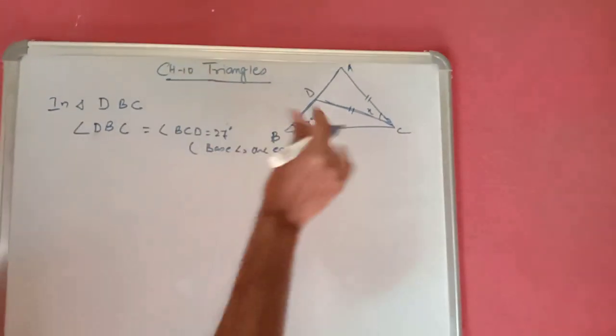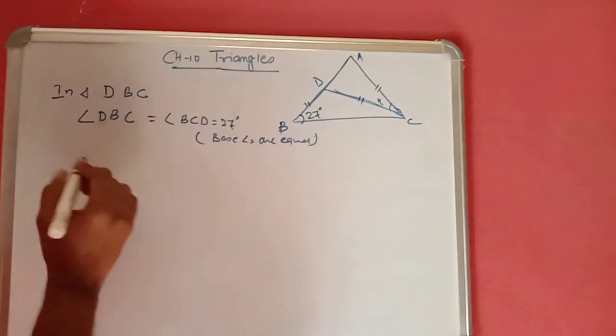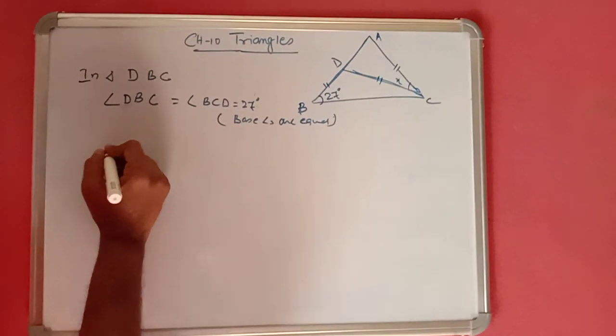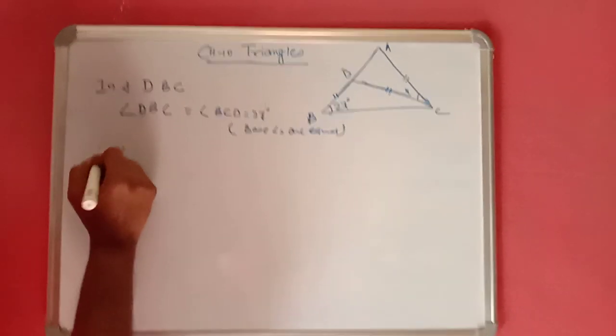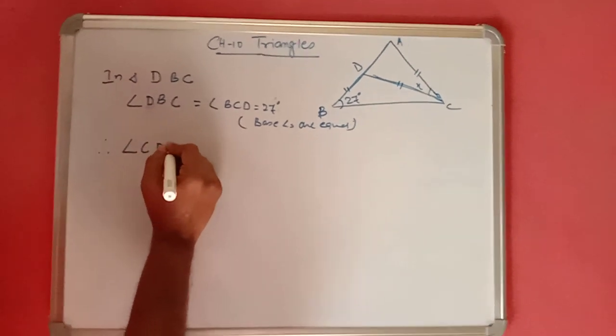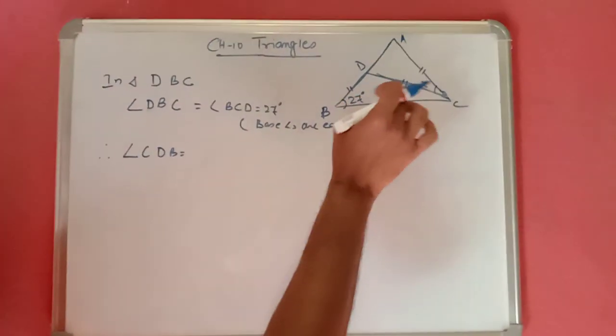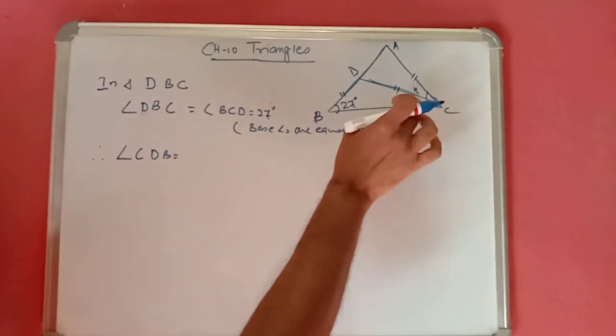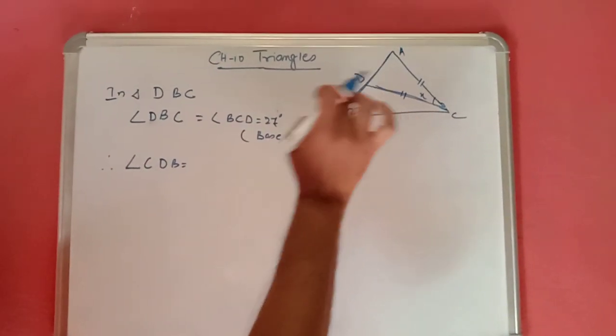Now we have to find out this part. Therefore angle CDB equals, as we know, the sum of angles of a triangle is 180 degrees.